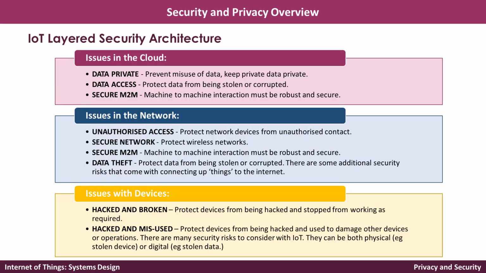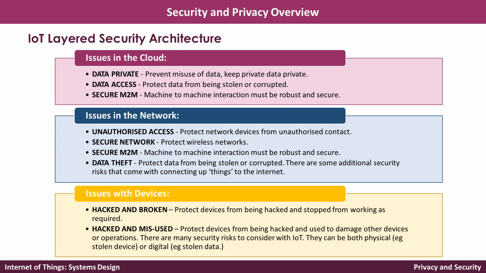We can use a layered approach to understand security in IoT better. We can divide IoT systems into three segments: devices, network, and the cloud. Each one has unique as well as shared security threats.